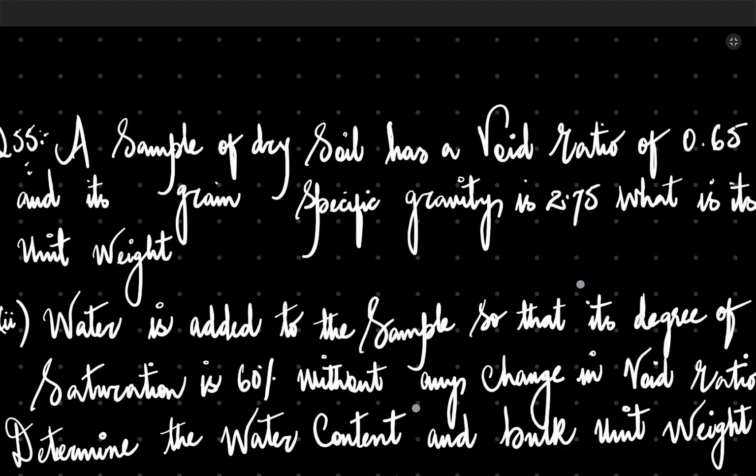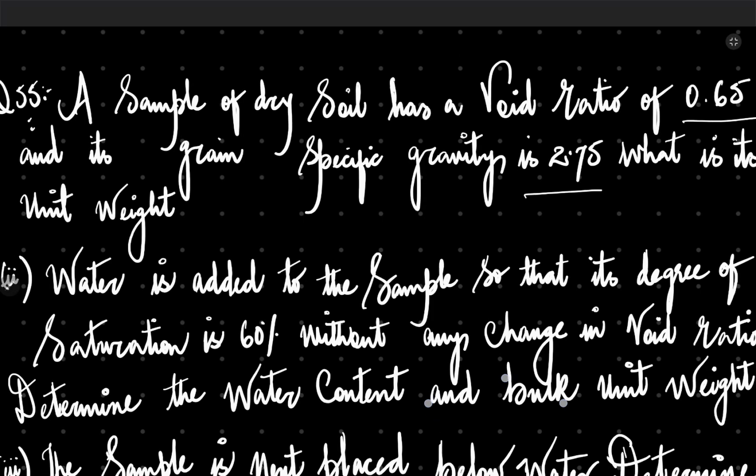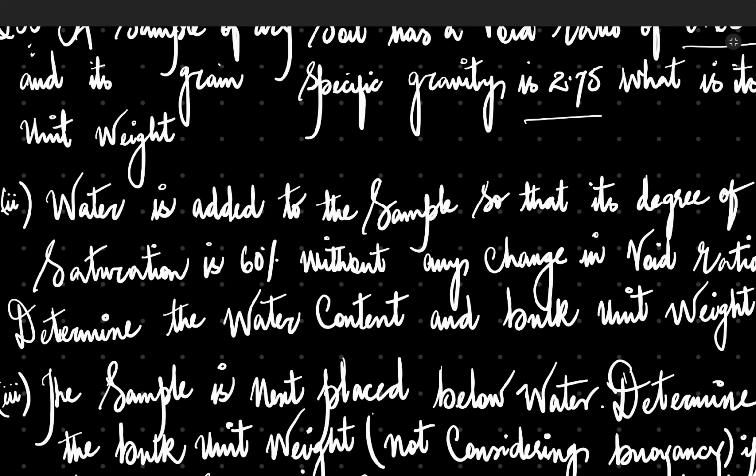All right. So the next question is, a sample of dry soil has a void ratio of 0.65 and its grain specific gravity is 2.75. What is its unit weight? Then the next part says water is added to the sample so that its degree of saturation is 60%, without any change in void ratio, determine the water content and the bulk unit weight.